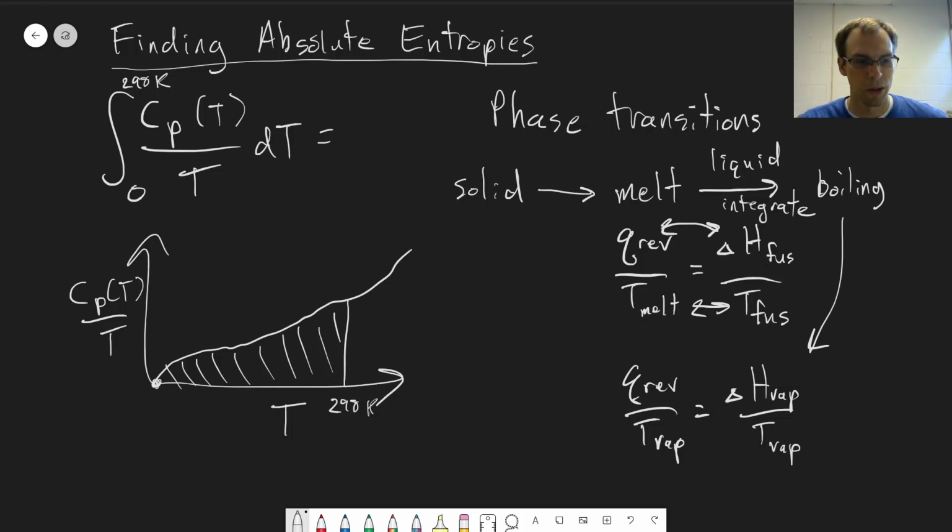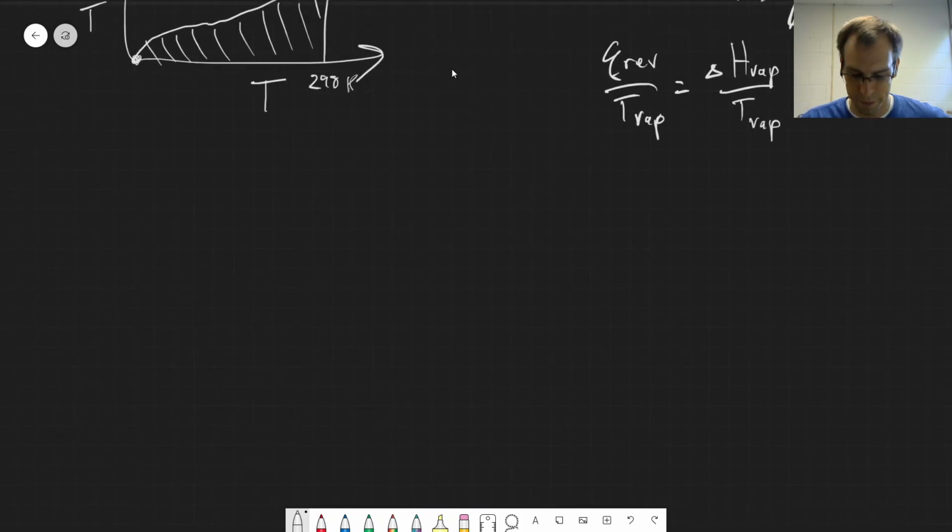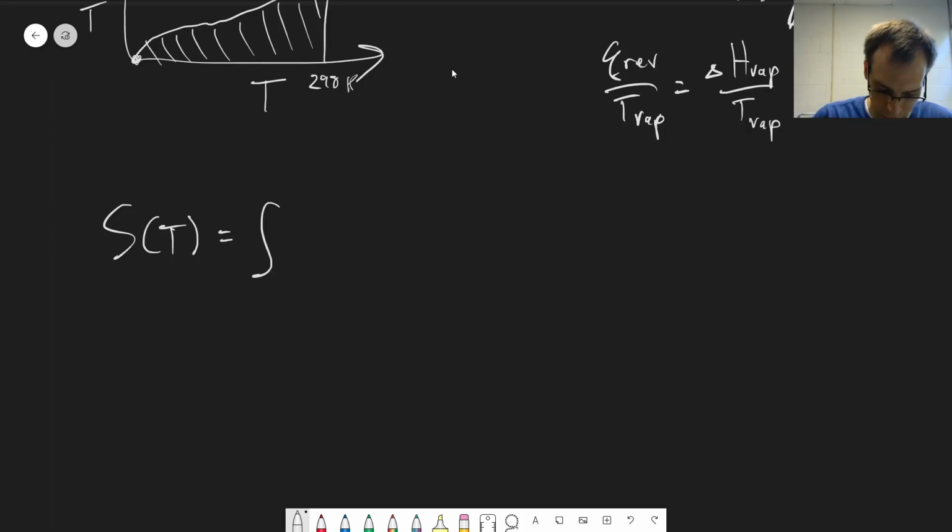So what this will look like mathematically is we'll have S at some temperature T. So we'll have to integrate from 0 to T fusion the heat capacity of the solid as a function of temperature divided by temperature.